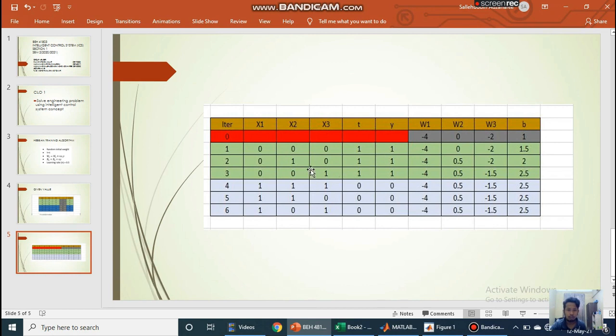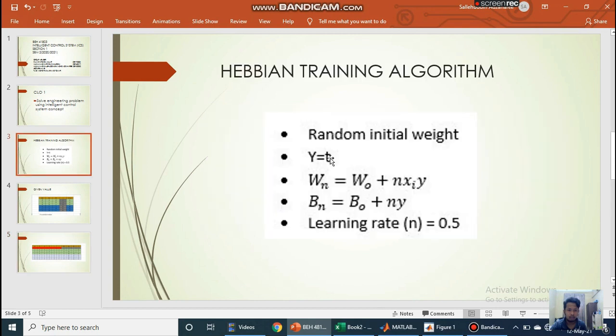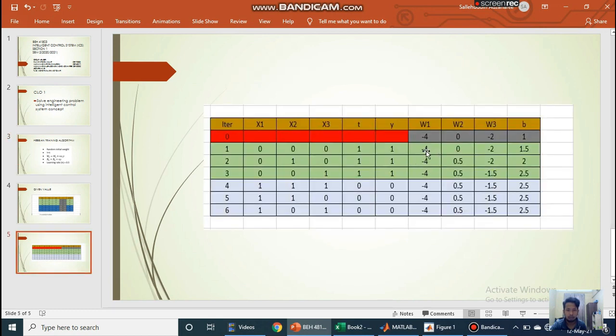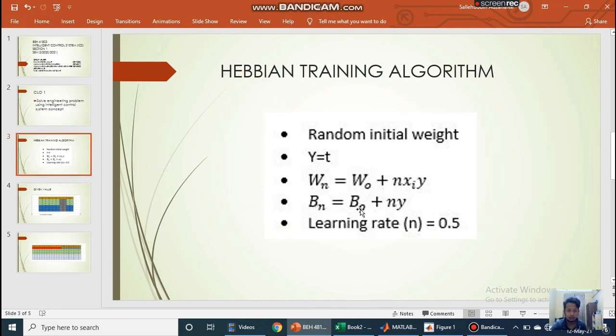After we put these values into the equation, we get the new values -4, 0, -2, and for beta we use the formula beta new equals beta old plus n y.